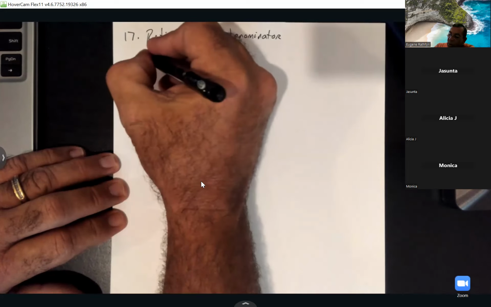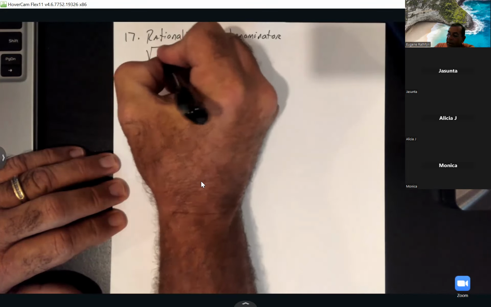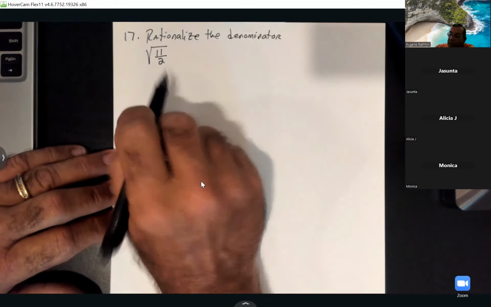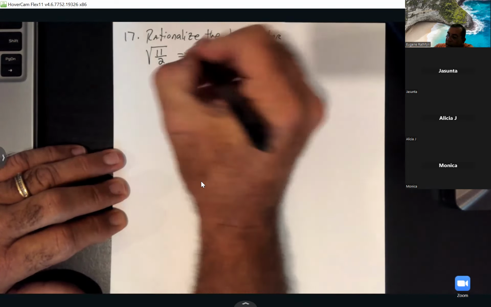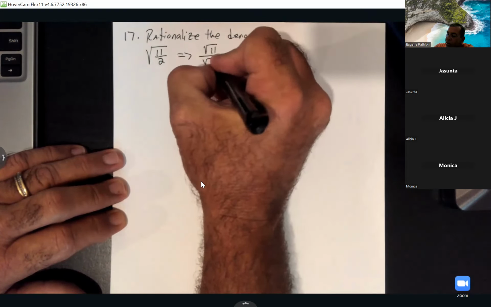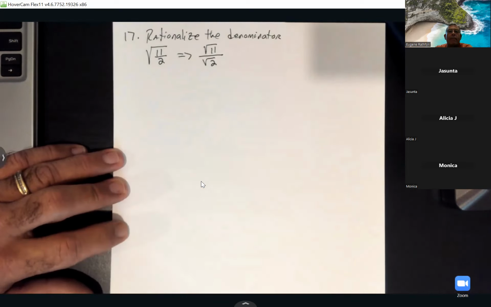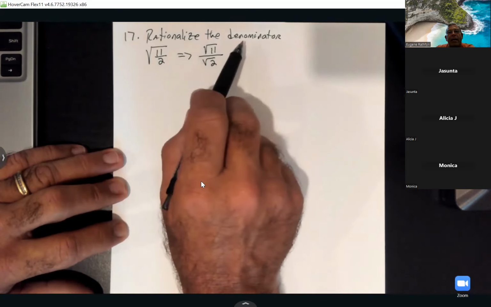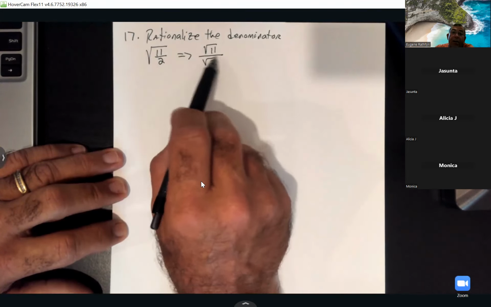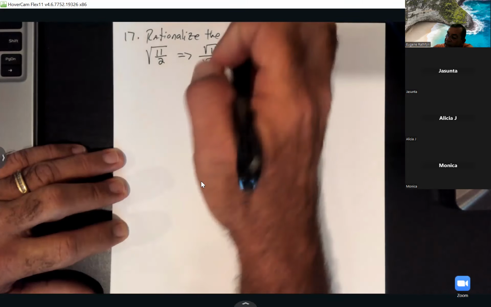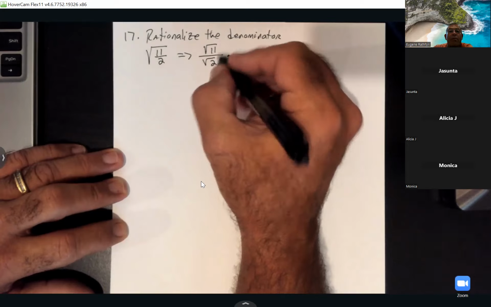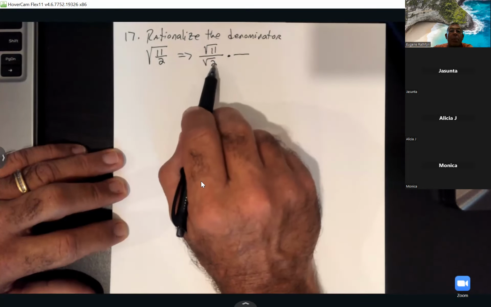I got a square root of 11 over 2. Now, y'all remember, this is like a square root of 11 over a square root of 2. So what we mean by rationalize the denominator is that the denominator of a fraction cannot have a radical in it. So to rationalize this, we multiply the top and bottom of the fraction by the radical in the bottom.